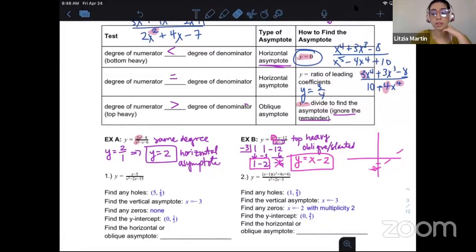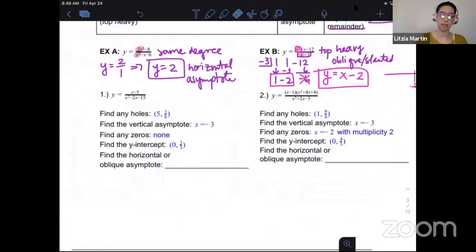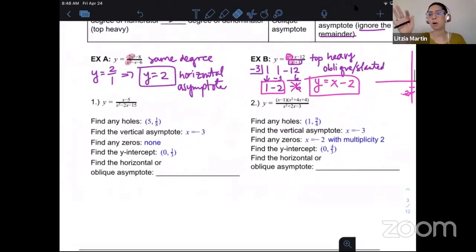Sometimes it's your choice to do synthetic division, but if you can't do synthetic division, then you would just go ahead and do straight long division. But you can always just go for it. If you like long division, just crank it out. There you go. That's how you get your slant asymptote.